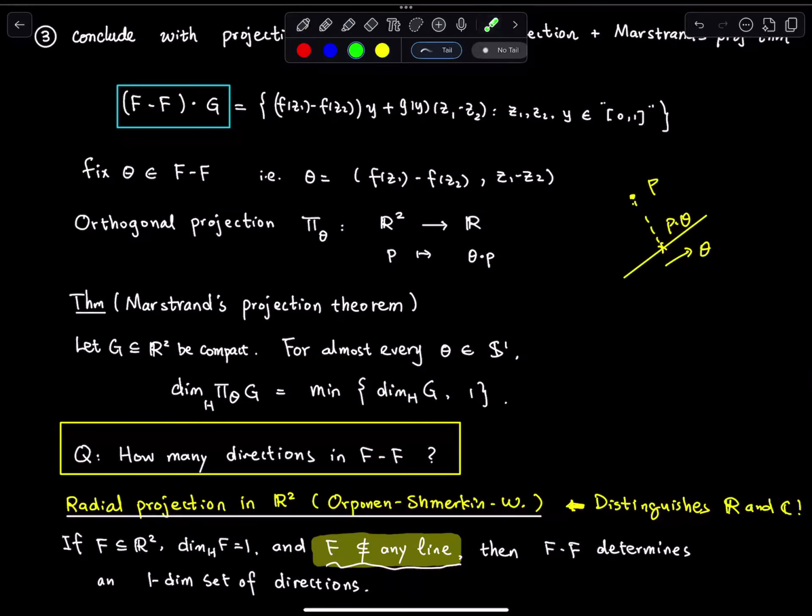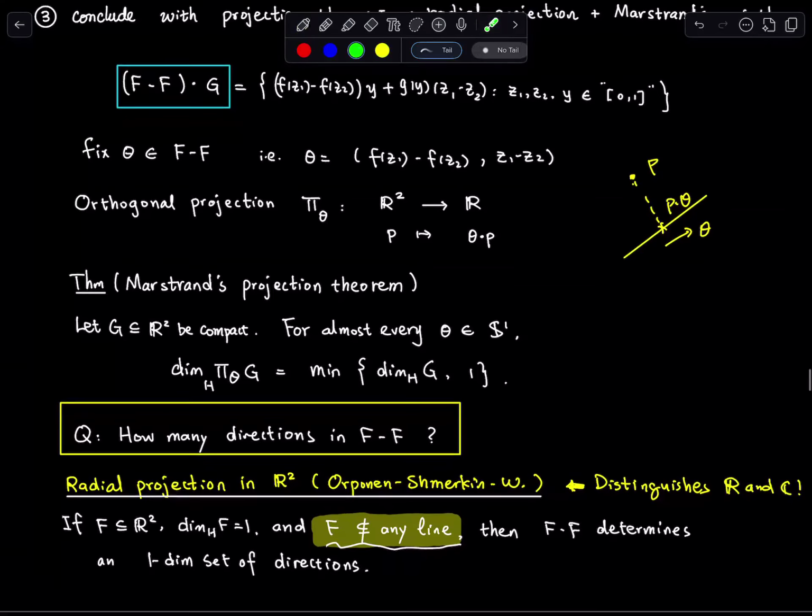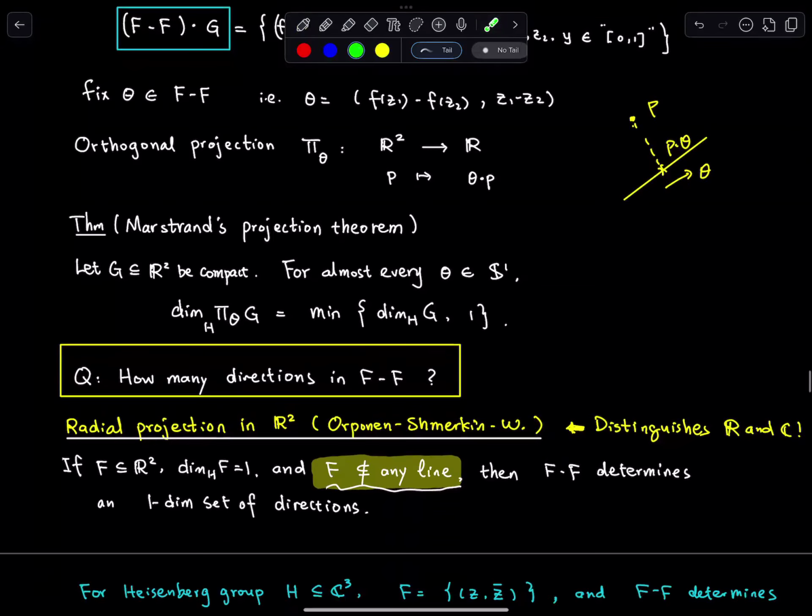There is this classical Marstrand-Mattila projection theorem, which tells us that for any Borel subset G, for Lebesgue almost every theta, even though here I said in S1, you can renormalize to accommodate any other vectors in the plane, the dimension of the projection image, the dimension of pi theta G, equals the minimum of the dimension of G and 1.